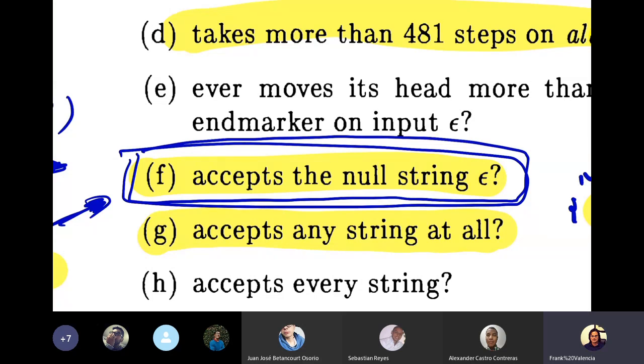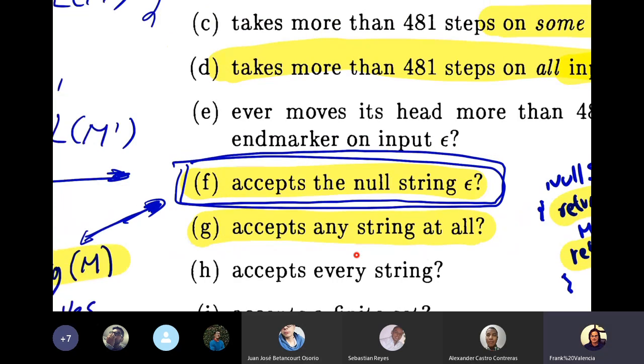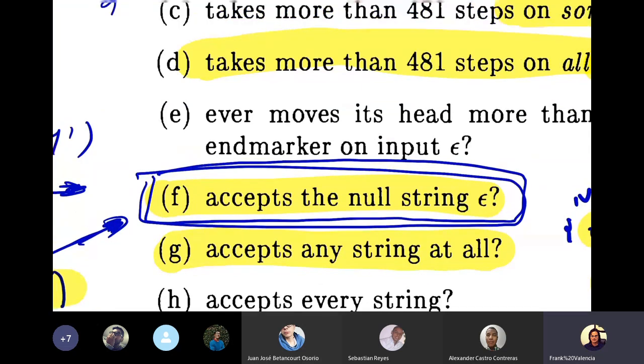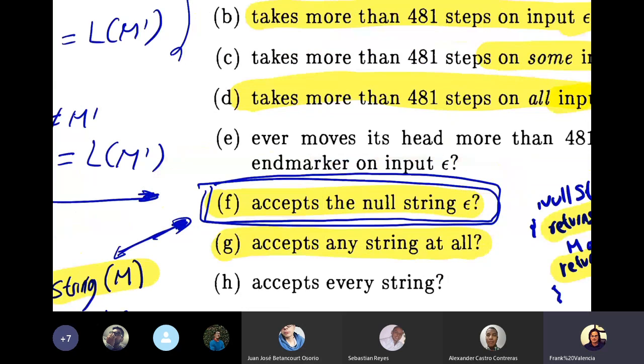here is something interesting. There is a nice theorem, Rice's theorem, that says that every question about Turing machines that is machine independent is undecidable. What do I mean by machine independent?